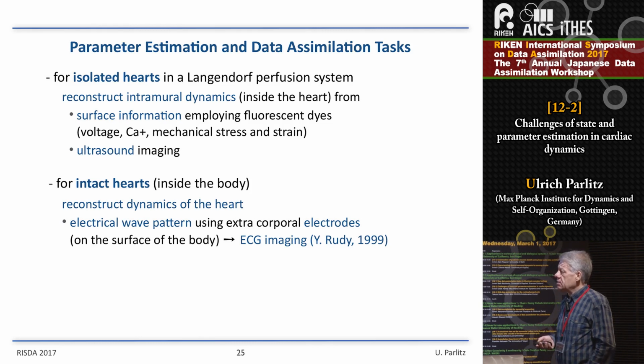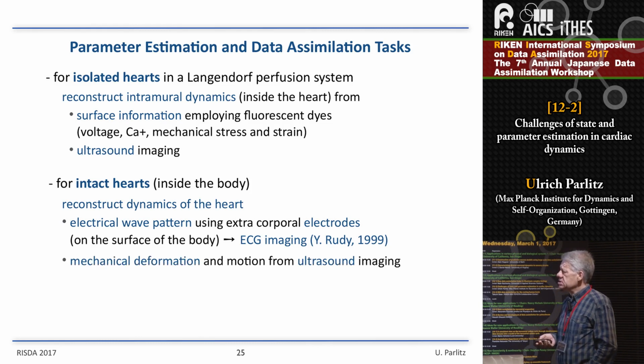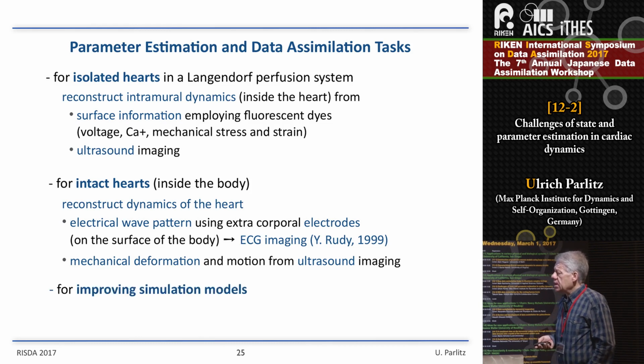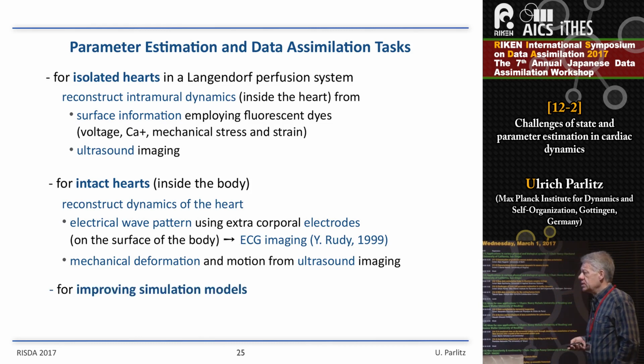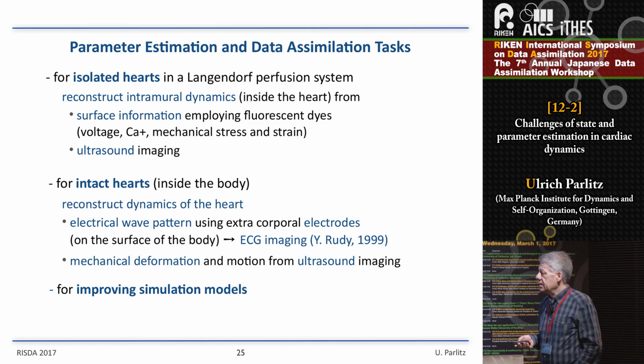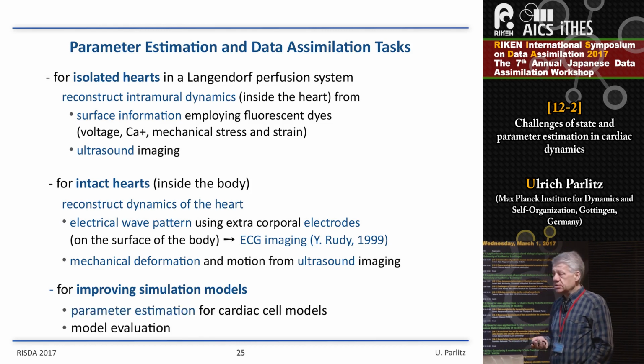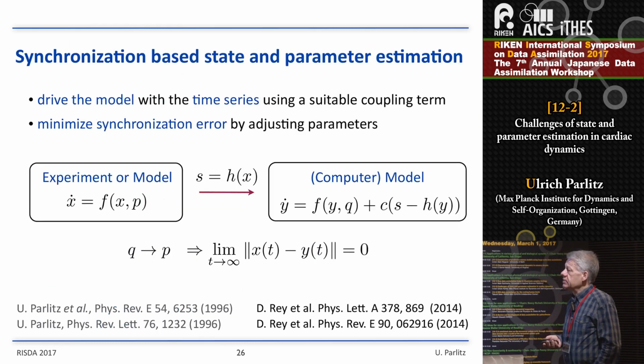This again has a long history, ECG imaging, but not combined with dynamics. I think this is a new idea. And you can also then use mechanical information obtained from ultrasound imaging. And for doing all this, we need improved simulations, and at that point we need methods for parameter estimation and for model evaluation.